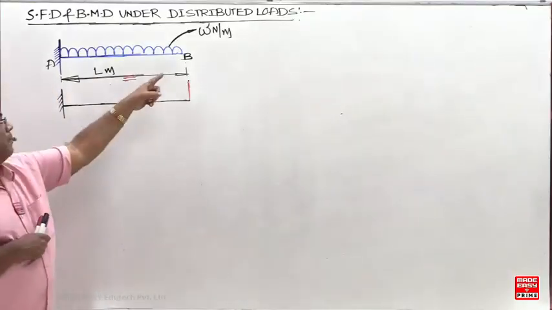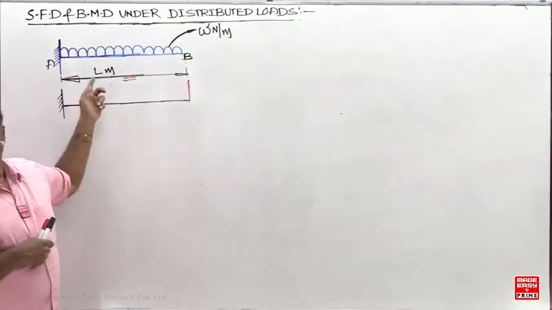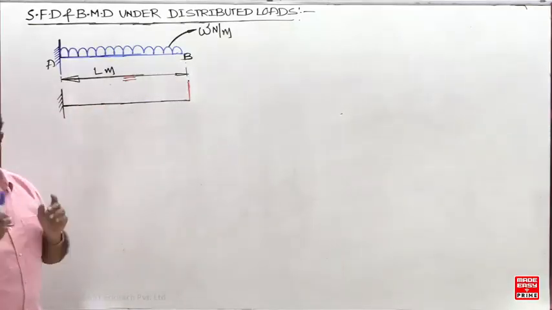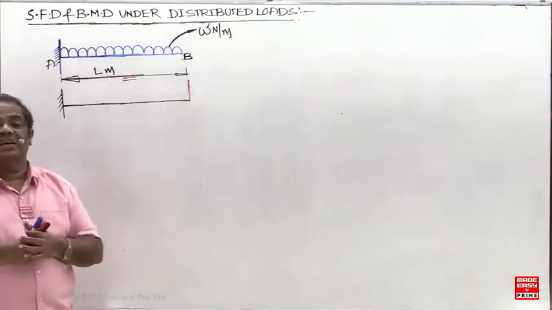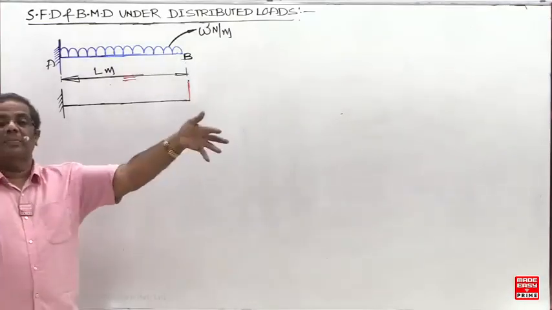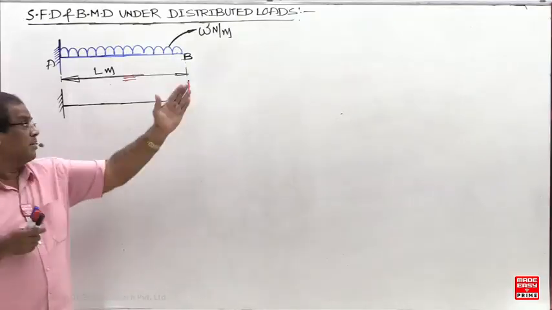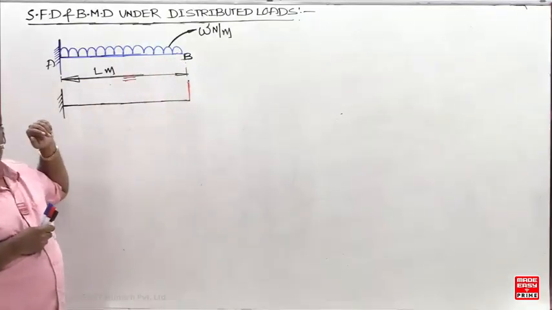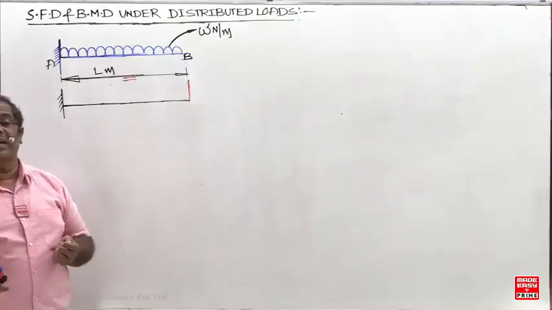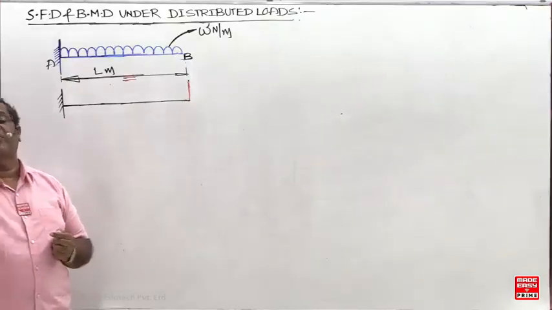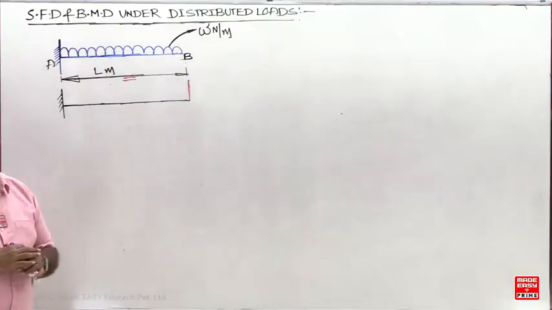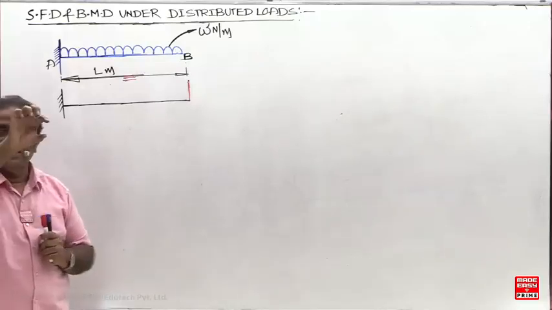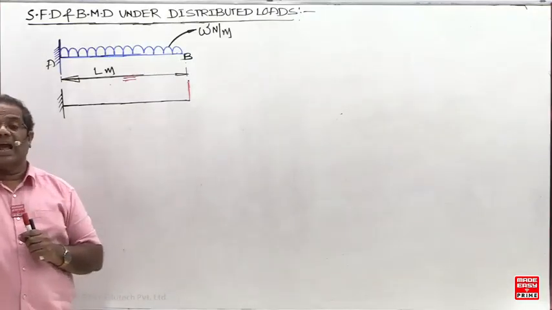The total weight of the cement bags is 1 ton, but the length of the beam is 10 meters. So at each and every meter, the intensity is 1 ton upon 10, that is 0.1 tons per meter. That is the example for UDL. Since the intensity at every meter is the same, it is represented by a rectangle.